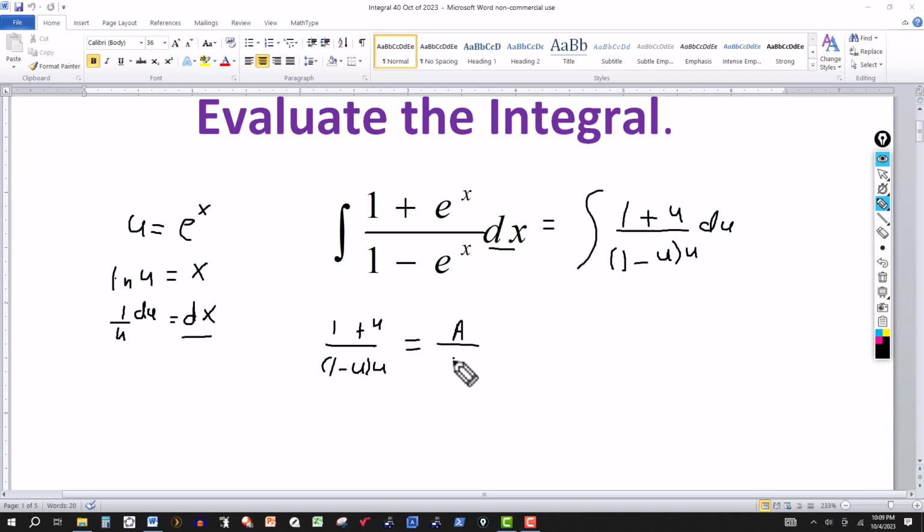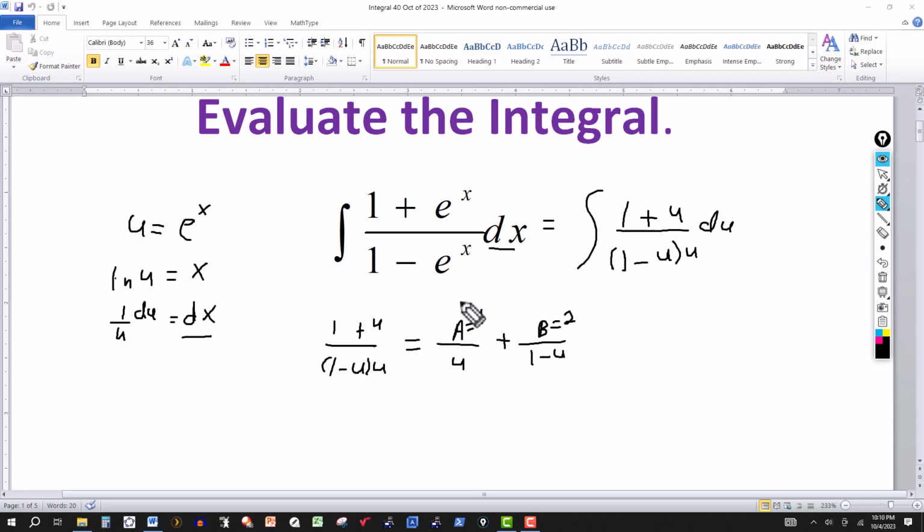I'll put it over u plus the linear factors here. So that it's a constant, not Ax plus B, whatever. And then the next one would be B over 1 minus u. And then you would go through the procedure for partial fractions and find the value of A, find the value of B. So the value of A comes out to be 1. I'll give you that. The value of B comes out to be 2.